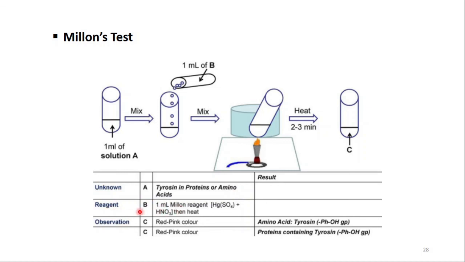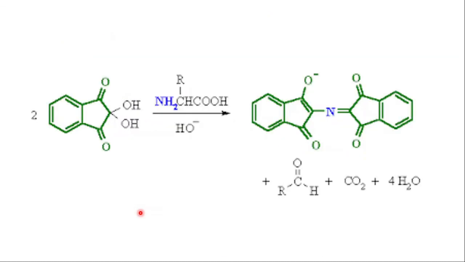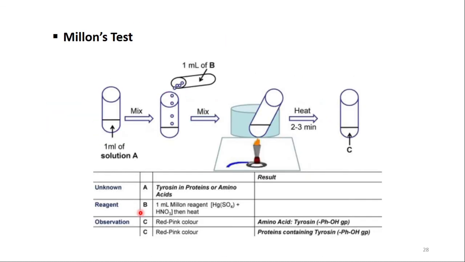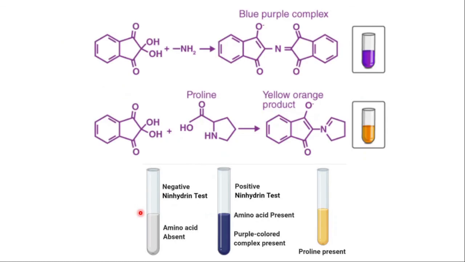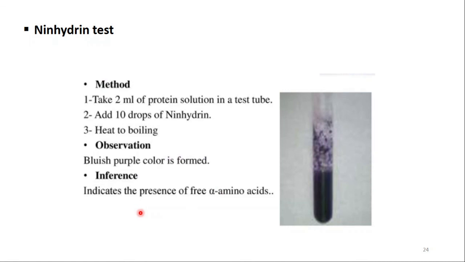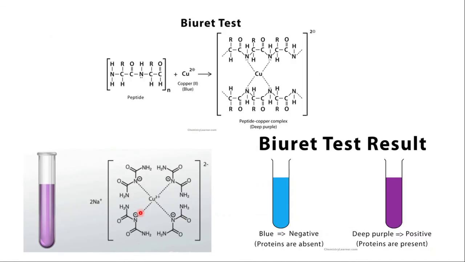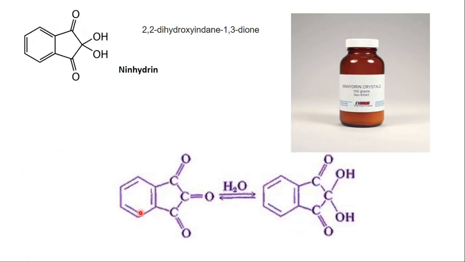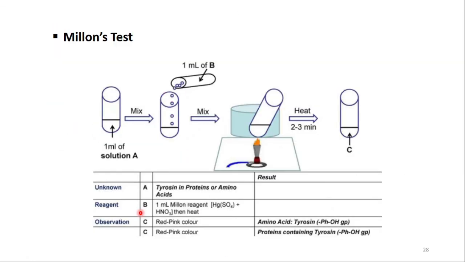When you have these 2-3 steps, make sure what they indicate and what they confirm. The ninhydrin test confirms the presence of alpha amino acid, and the Biuret test is mostly common for all amino acids and amides, basically for all the proteins. Even urea answers this test very commonly, and this one is mainly for tyrosine compounds.